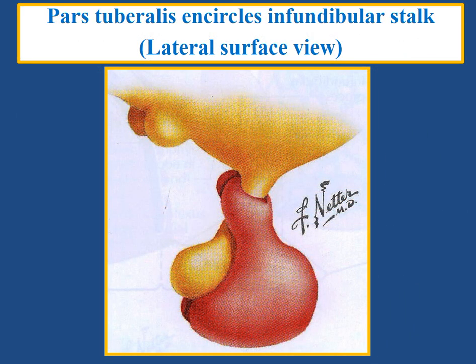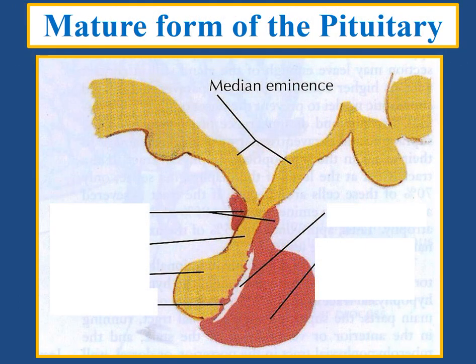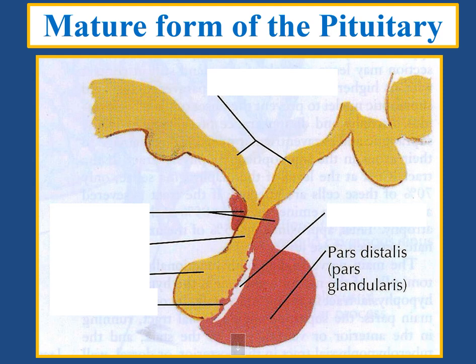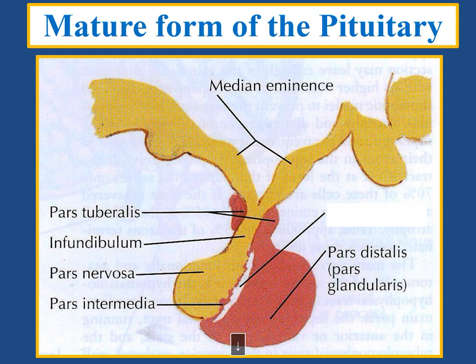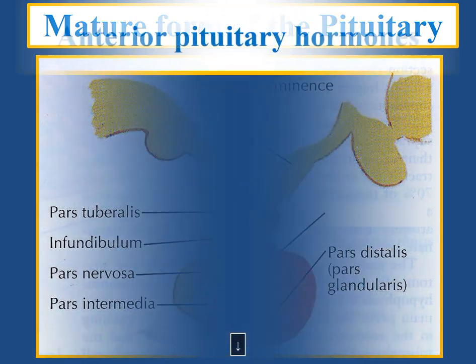The pars tuberalis encircles the infundibular stalk. It's a lateral surface view. In the mature form of the pituitary, we can see here pars distalis and pars intermedia, pars nervosa, infundibulum, and pars tuberalis. It's the median eminence.